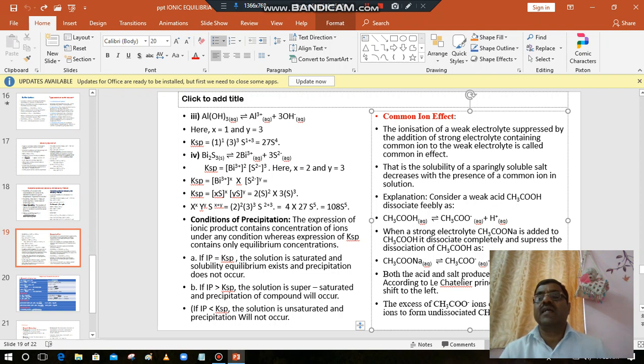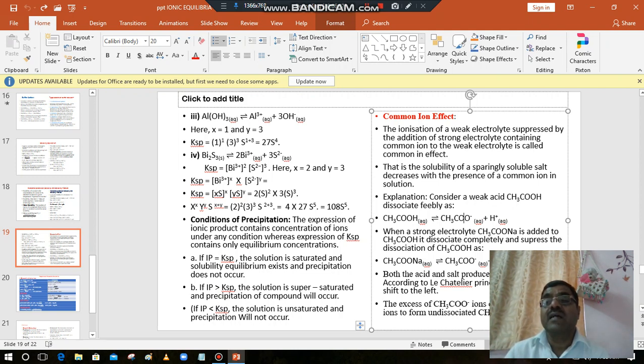for example, consider a weak electrolyte or weak acid, CH3COOH, which dissociates feebly, and if we add a strong electrolyte like CH3COONa, it dissociates completely.